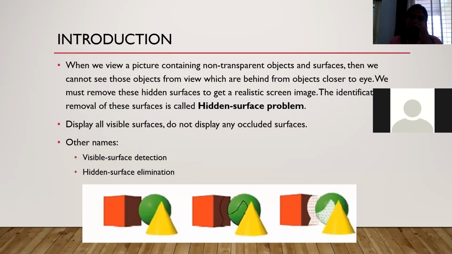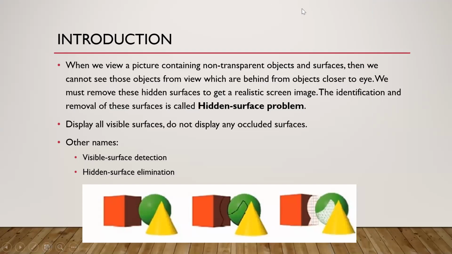Okay, so to know more about the hidden surfaces, you can see, if you have a set of objects on the screen at a point of time, and these surfaces are not transparent, then it is understood that the surfaces, or the part of surfaces, which lie behind certain objects are not going to be visible to the viewer.